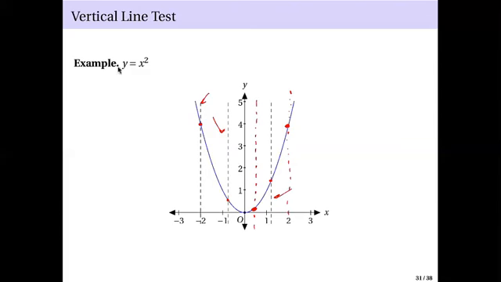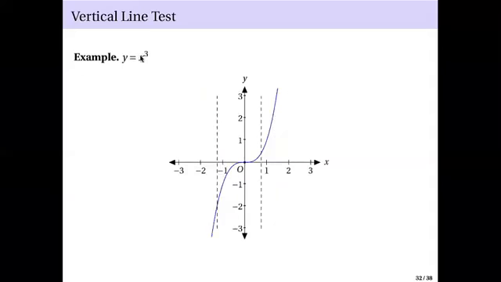So this equation here, y equals x squared, it defines a function. Y equals x cubed. So for this equation, the graph is this guy here. And this is also a function. Meaning, if you get any vertical line, it will intersect the graph just once, or at most once.